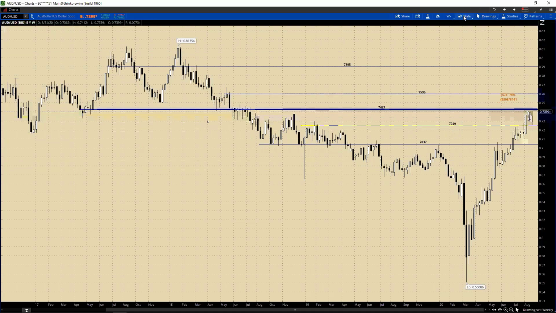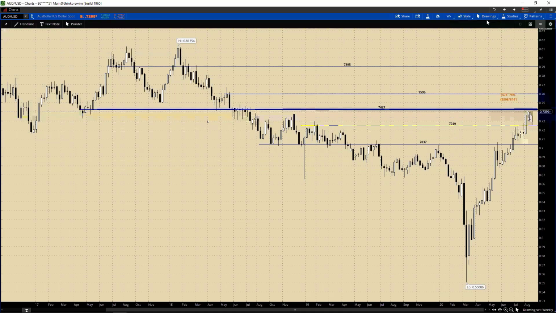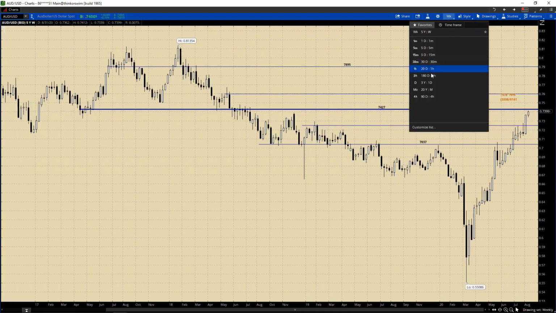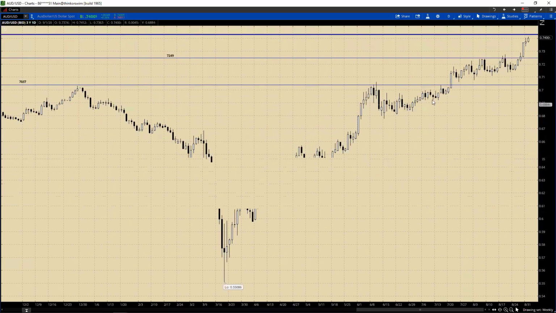Let's go in and see here. Going to the daily. It looks like we're heading for 74.27. You can see we also had a bit of a spinning top here, although we kept in a tight range, but it's still adding on.